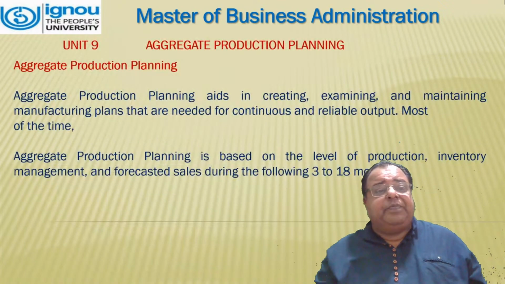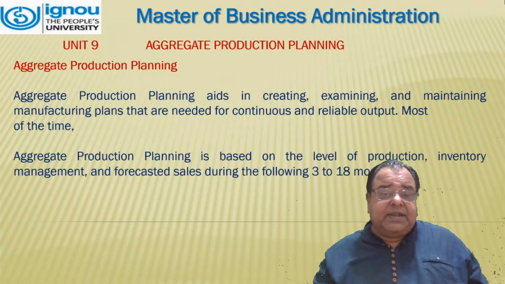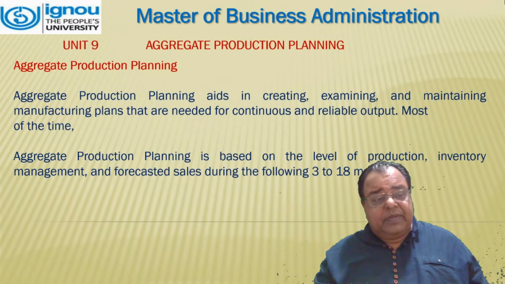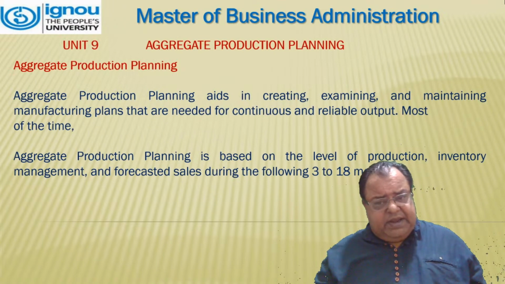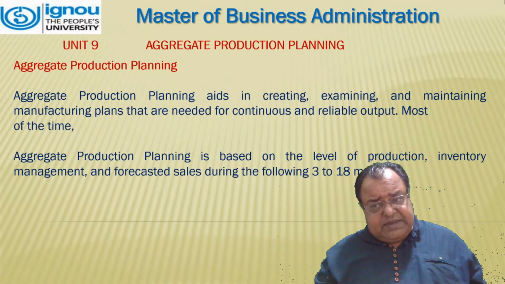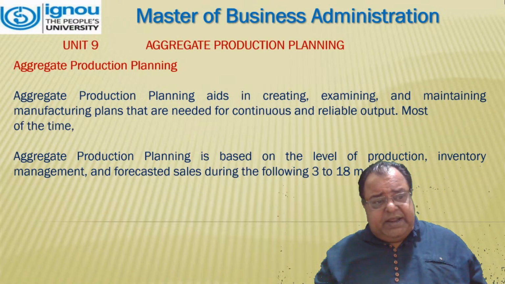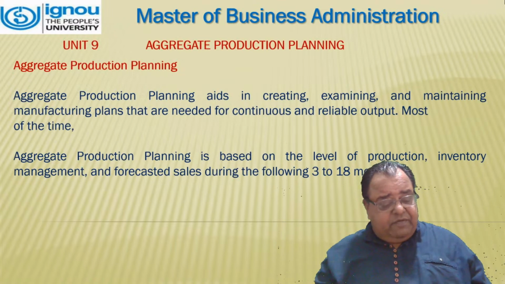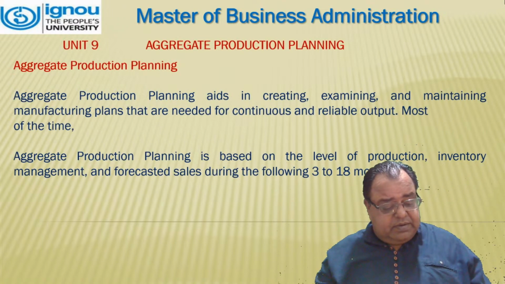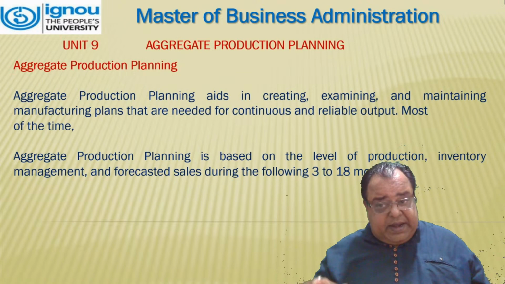Now we move to unit 9, that is aggregate production planning. Aggregate production planning aids in creating, examining, and maintaining manufacturing plans that are needed for continuous and reliable output.